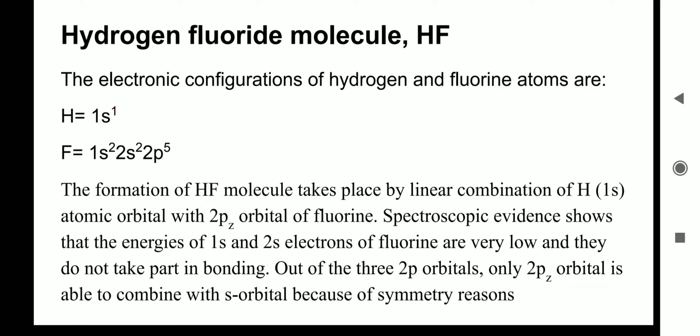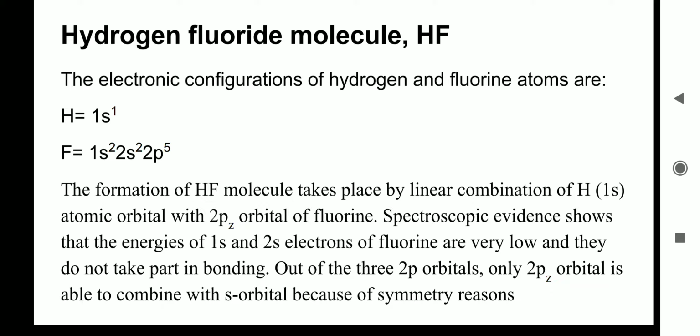Now in case of these 2p electrons, the 2px and 2py are filled and only 2pz is half filled. This 2pz orbital is capable of combining with the s orbital because of symmetry. 2pz is inclined towards the internuclear axis and 1s is spherically symmetrical.